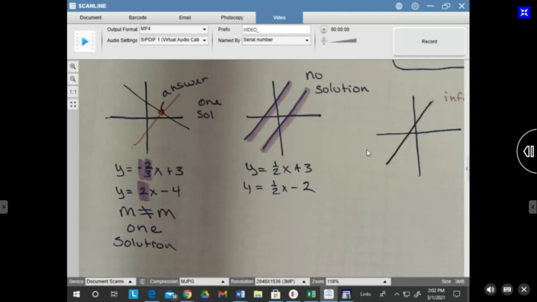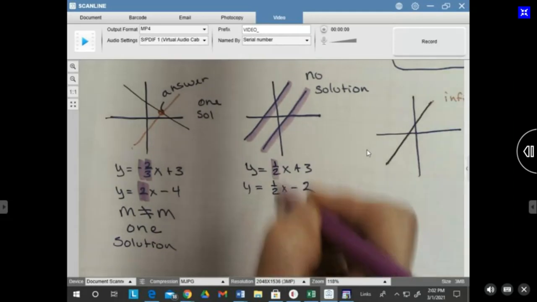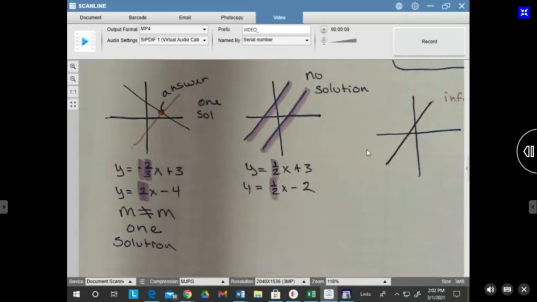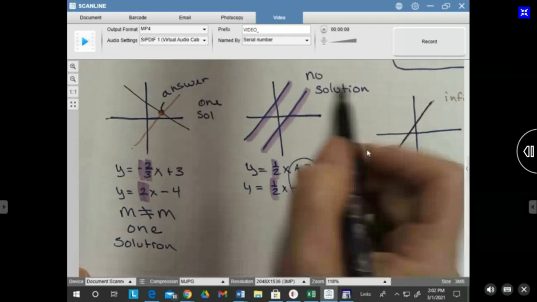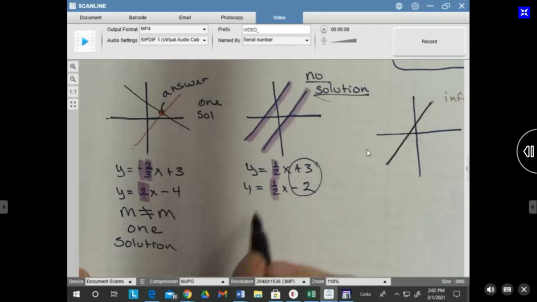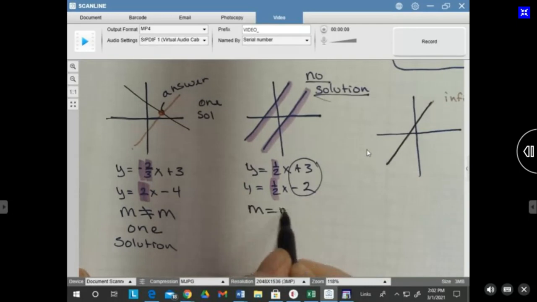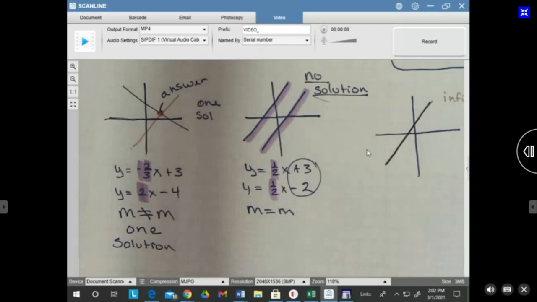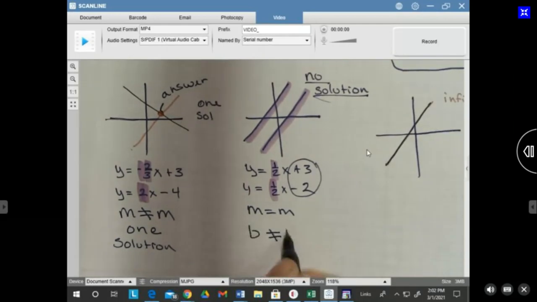It's not the same. That's what created that parallel line, but what's not the same? Those are different, right? So if I'm looking for no solution, what I'm looking for is m equal to m. The slopes are the same, but b does not equal b.